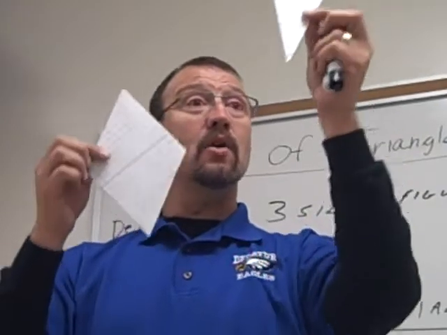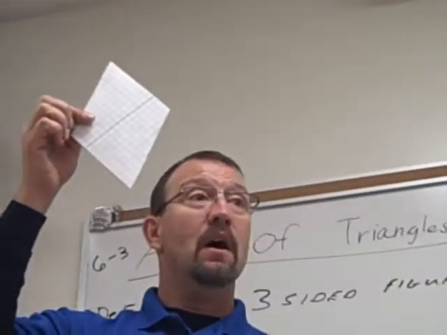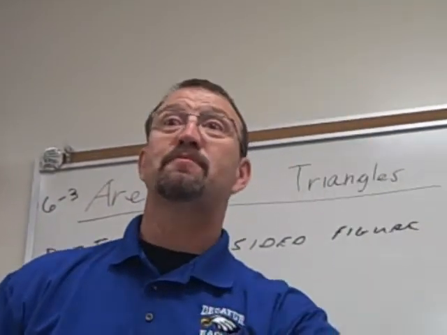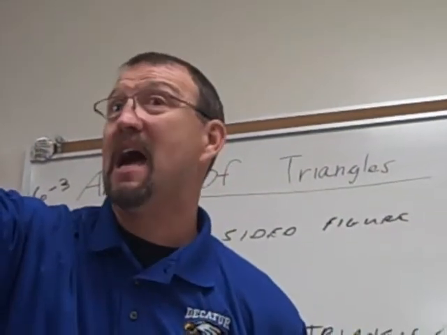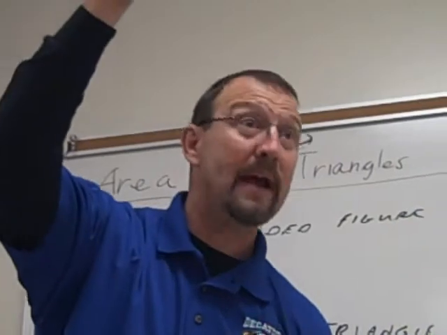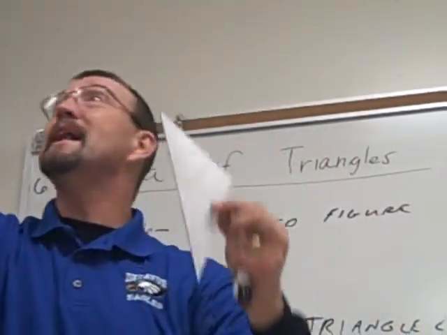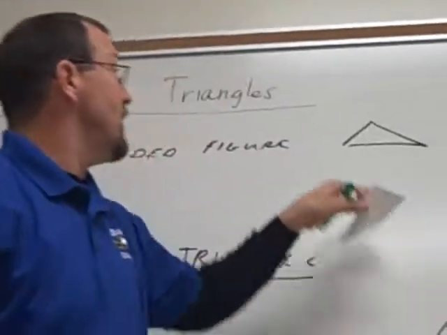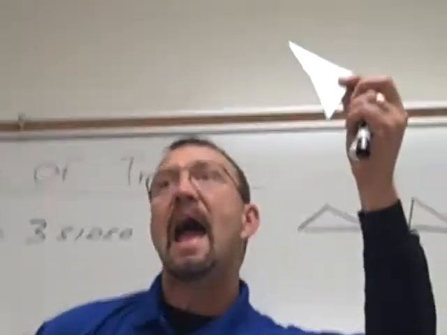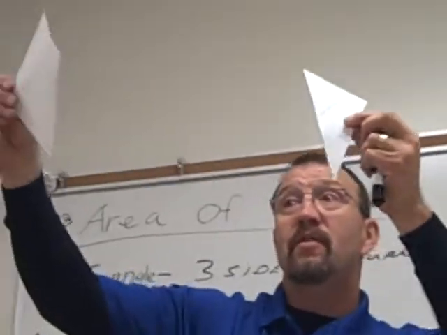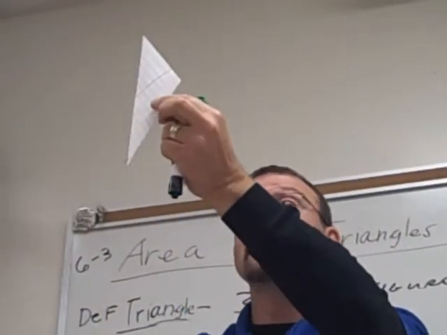If a triangle is half of a parallelogram, then its formula must be half of whatever this guy's formula is. Correct? We agree? Yes, sir. Because we're not dealing with the whole thing today. We're dealing with half of it. You with me, Amy? This came from here, and it's only half of it.